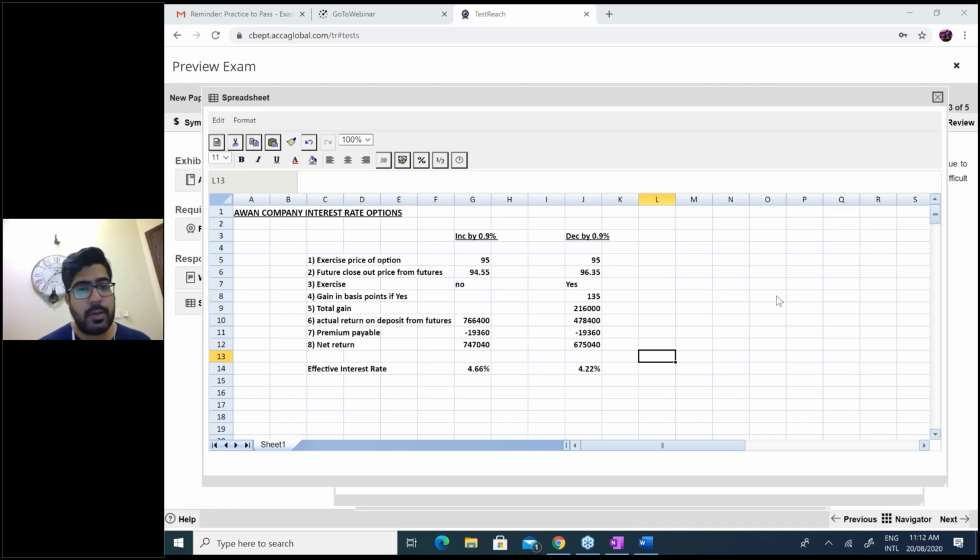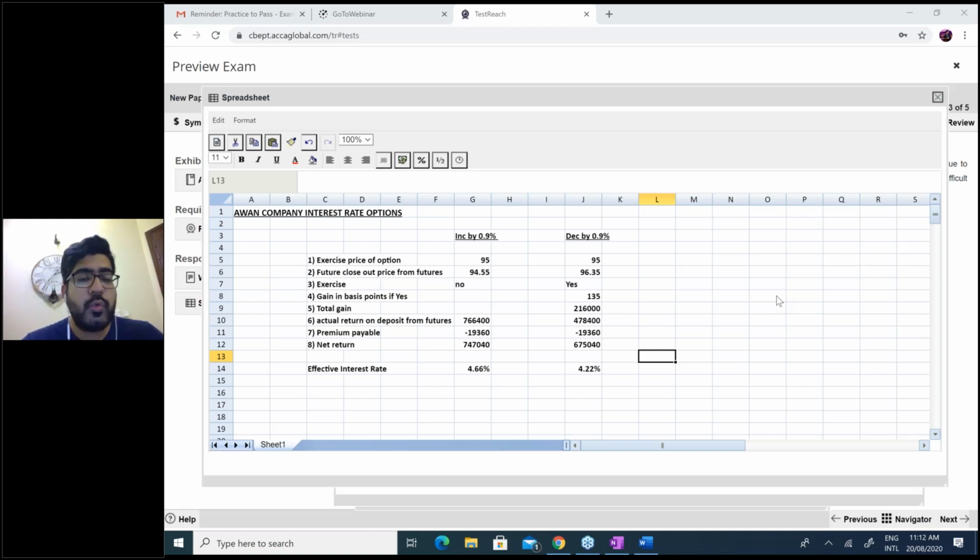Mohammad Yunus, all these 8 steps carry marks, so any step missed means you lose marks. Sufyan, I didn't add the premium, I deducted the premium. The question asks you to recommend the best technique.